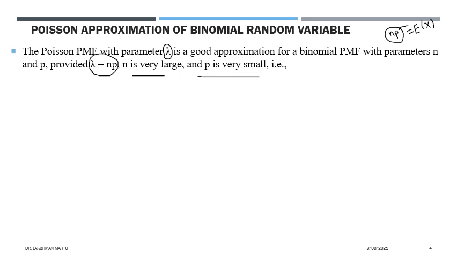But if you take a longer duration, then the number of counts would be large. So you can relate lambda with np: lambda equals np. This is the association.